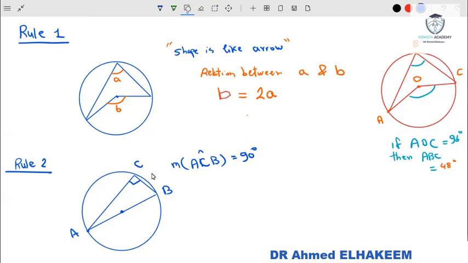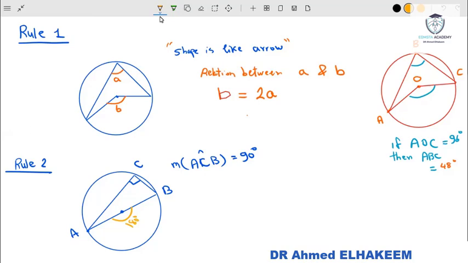Why is this angle 90 degrees? By the way, this rule is a special case from this rule. Why? Simply, it is the same, but here this angle is 180. So now this is half of this one, so it will be 90.